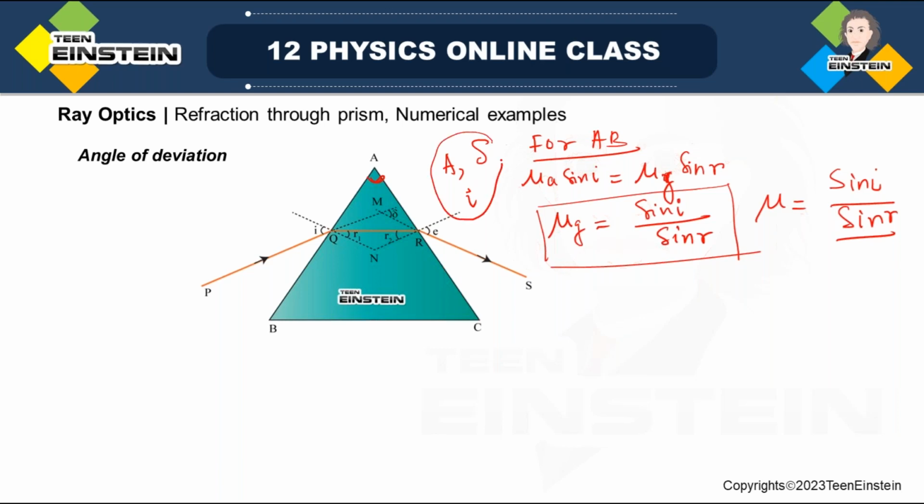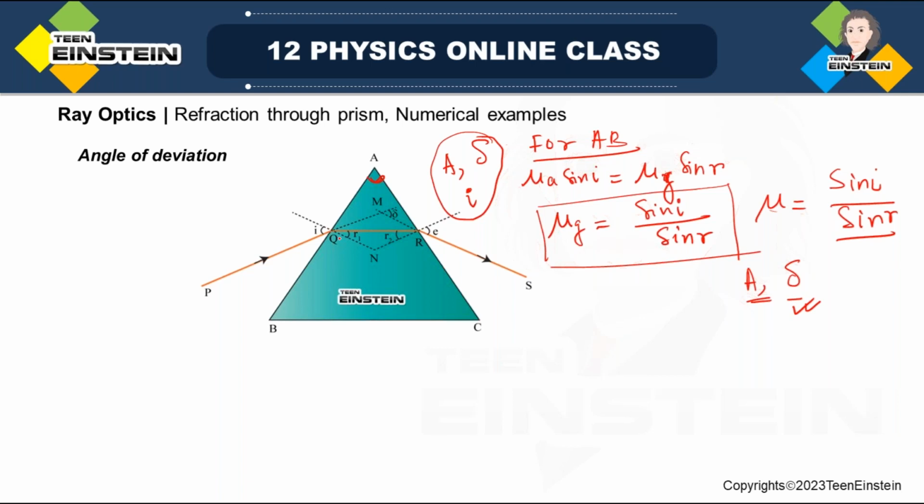So in terms of these parameters, mainly A and delta, the angle of deviation and the angle of prism, we have to find out the refractive index of the material of the prism. This is generally what we have to do in the laboratory.